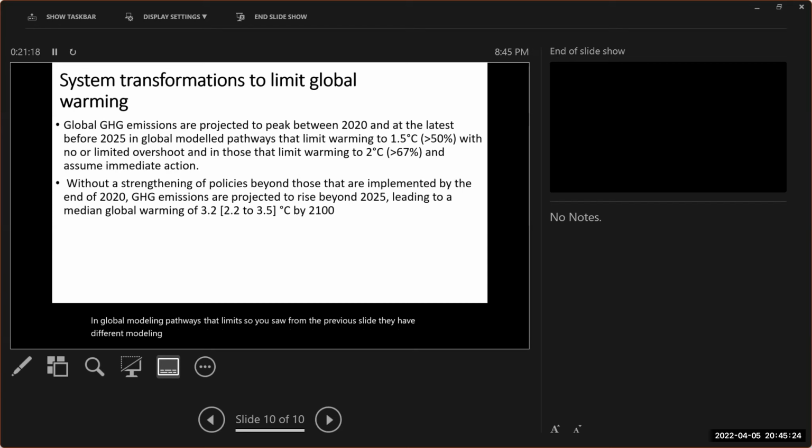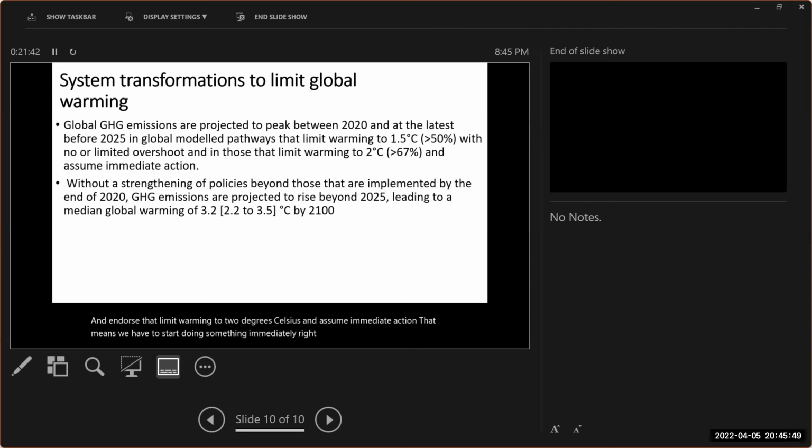So in the global modeling pathways that limit warming to 1.5 degrees Celsius with no or limited overshoot, that means if they don't go past that, and in those that limit warming to 2 degrees Celsius and assume immediate action. That means we have to start doing something immediately, right now.